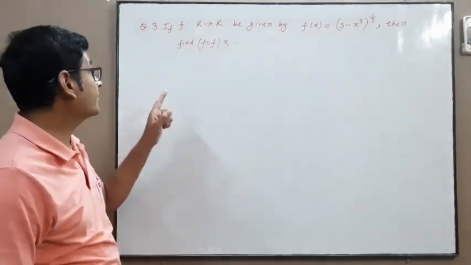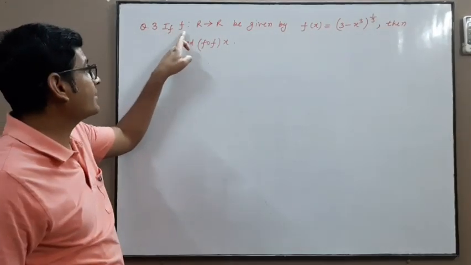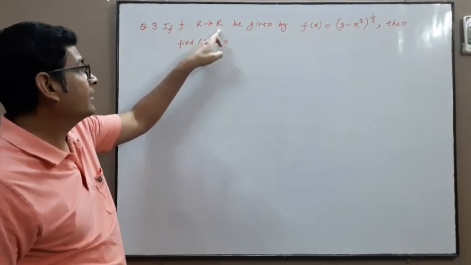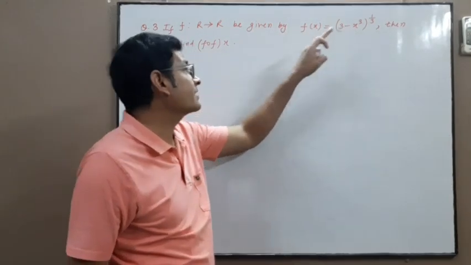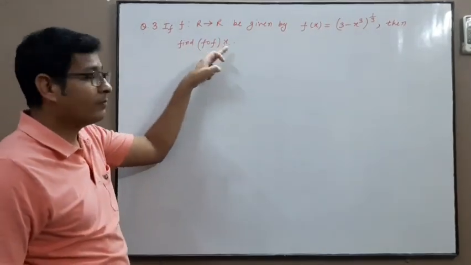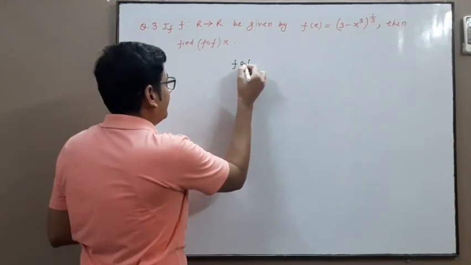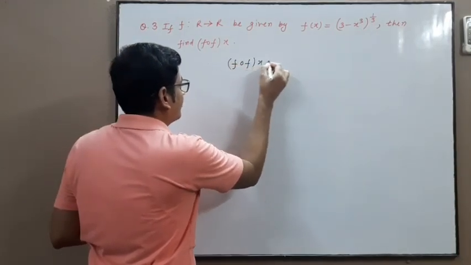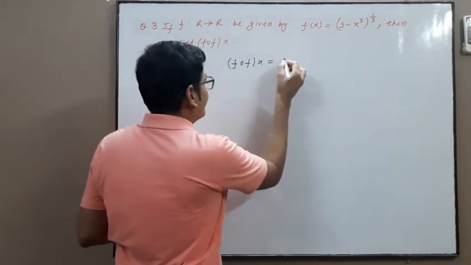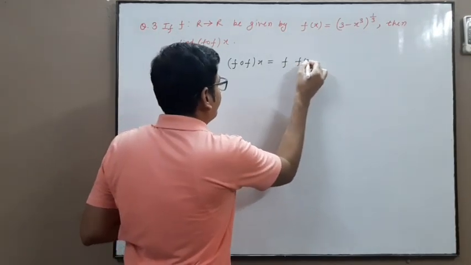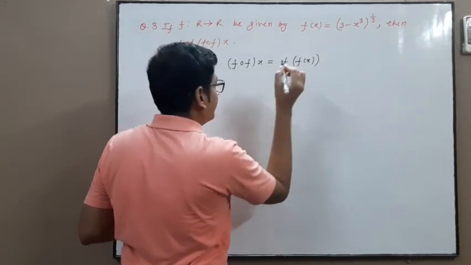Next problem 3. If f is a function from real numbers to real numbers given by f(x) equal to this, then find f of f of x. f of f of x is equal to, using composition of two functions, f(f(x)).